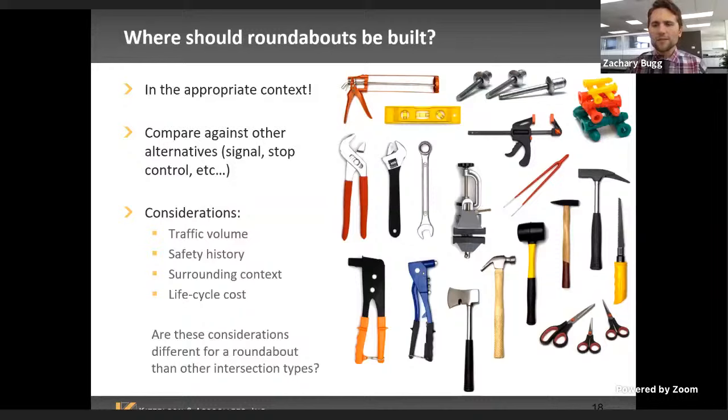There were a few designers that maybe put them in spots where traffic volumes might have been complicated, or you had multi-leg, 5-6 leg intersections. So you always want to consider the appropriate context and not think of it as something that has to go in a special situation. It's a pretty ordinary type of intersection control, much like the other types, and should be used in ordinary contexts.